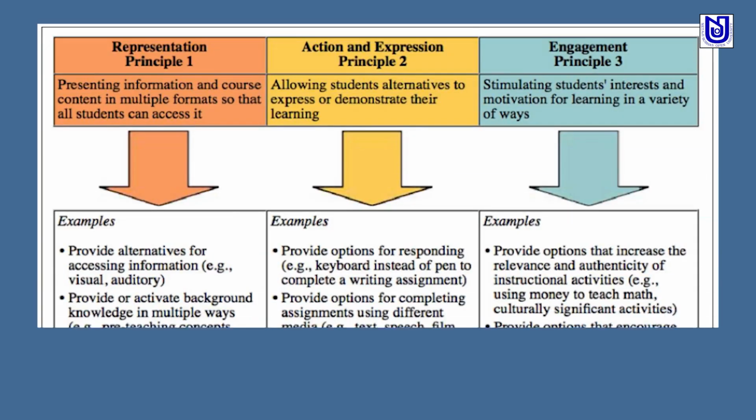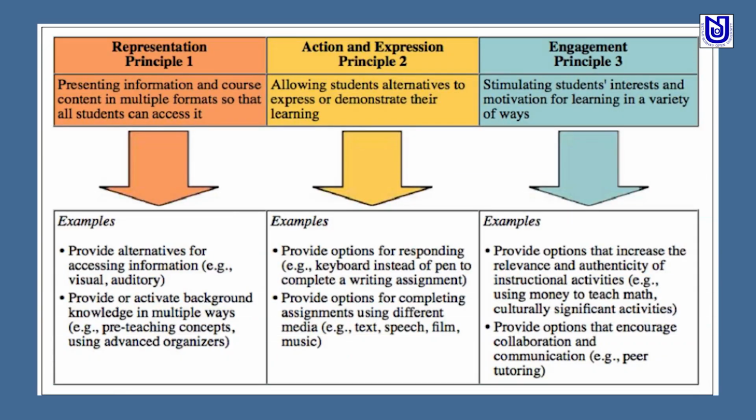So, in a nutshell, we can say that there are three principles of universal design for learning. The first is multiple means of representation, presenting information and course content in multiple formats so that all students can access it.